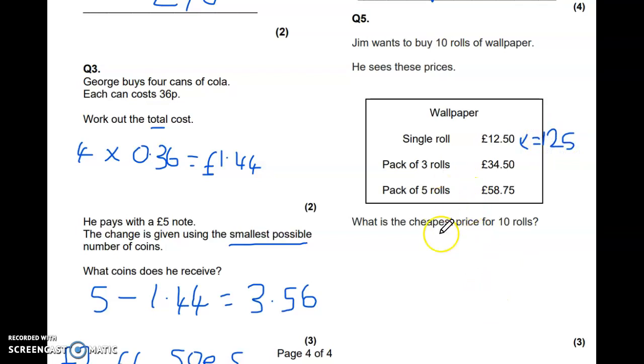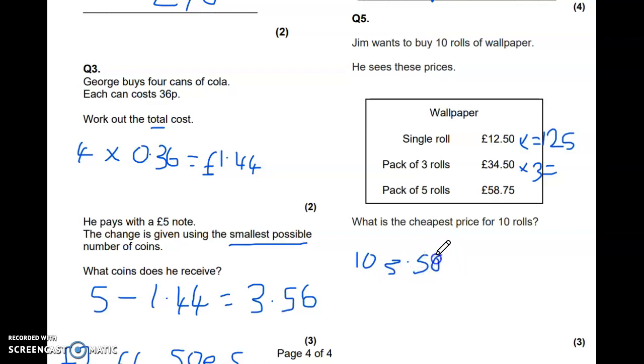So you could buy a pack of 3 rolls, so you'd have to buy 2 of them. No, he wouldn't. He'd buy 3 of them to get to 9. So £34.50 times by 3 gives us 103. I'll have to write it in here. £103.50.